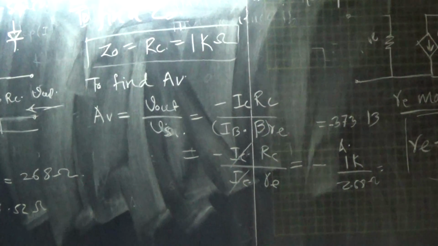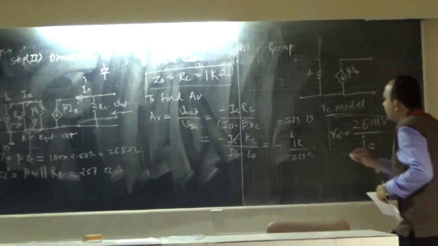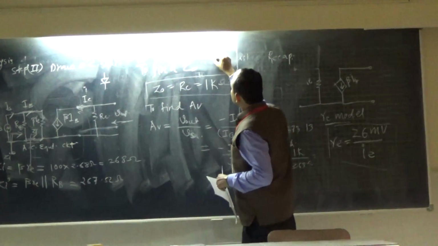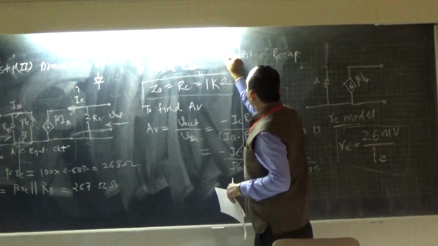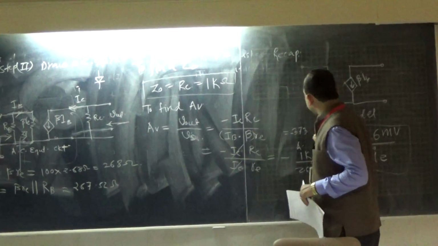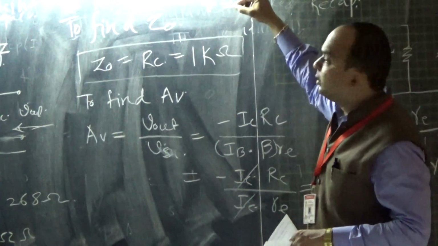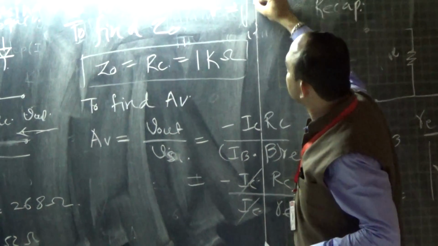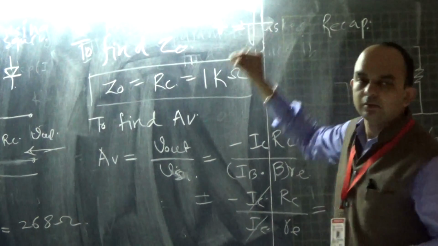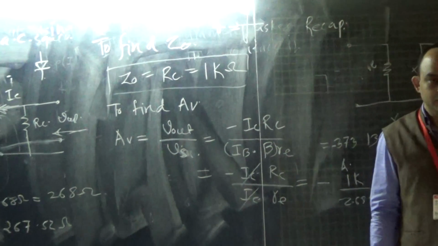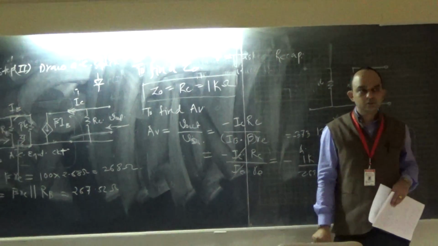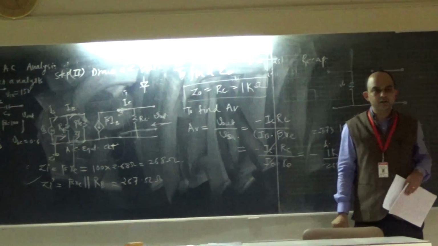It indicates that suppose input is applied like this, output will be 373.13 times more, but with opposite phase. So this is voltage gain.